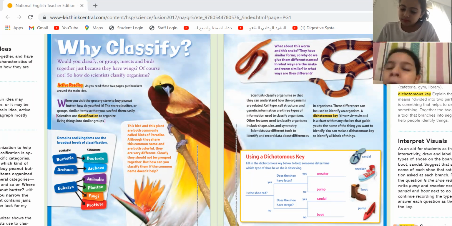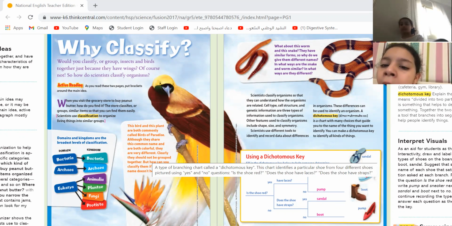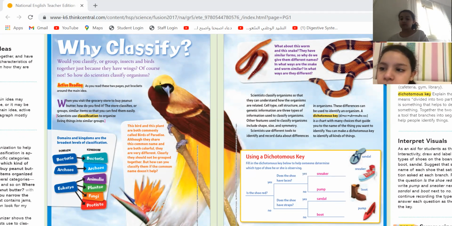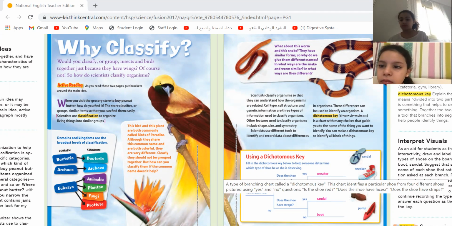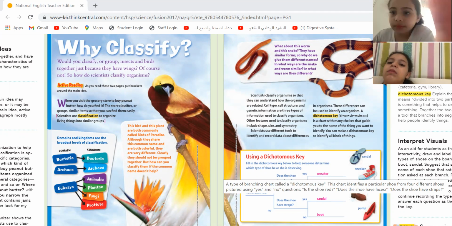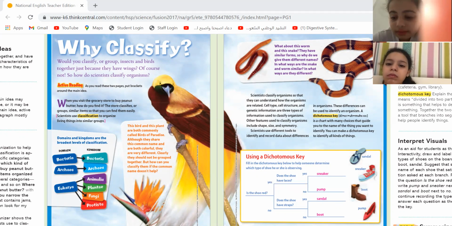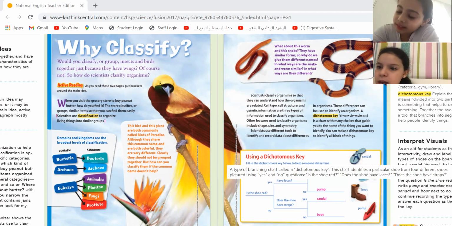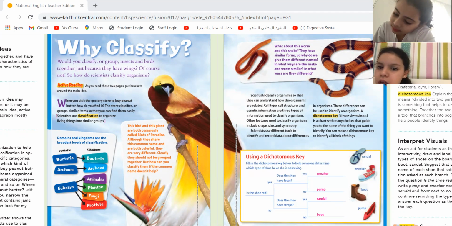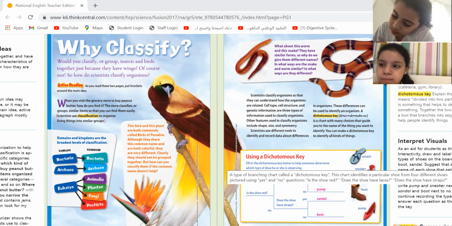Okay, now another example. If the shoes are not red, no. Do the shoes have straps? If it's yes, now tell me, what is it? A sandal? If the shoes have straps, then choose yes, so what is the shoe?